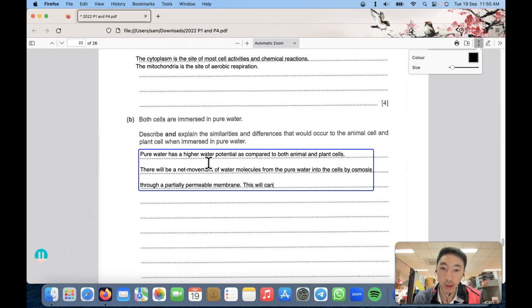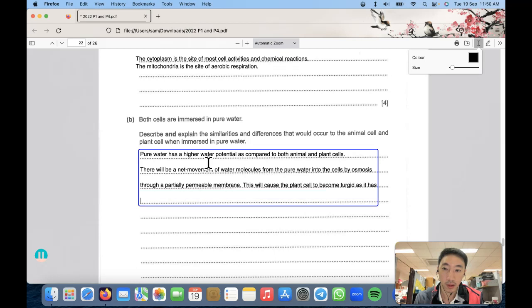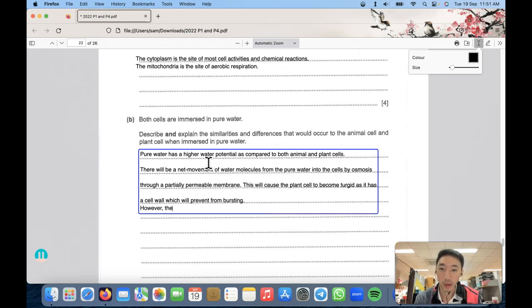This will cause the plant cell to become turgid, because it has a cell wall which will prevent it from bursting. However, the animal cell will lyse as it does not have a cell wall.